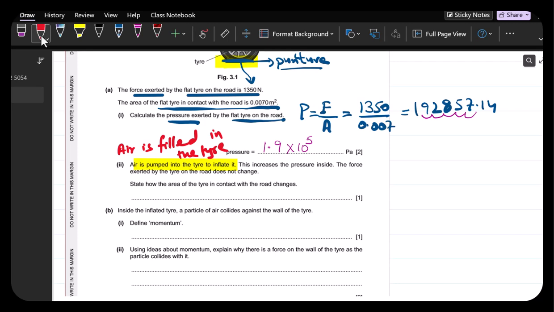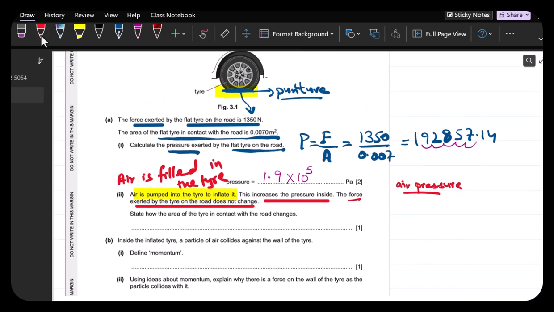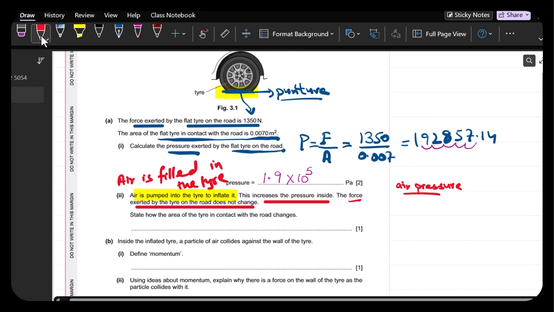This increases the pressure inside. The force exerted by the tire on the road does not change. Force is not going to change because of the air pressure, everything is the same, the structure is not changed, so force is not going to change.